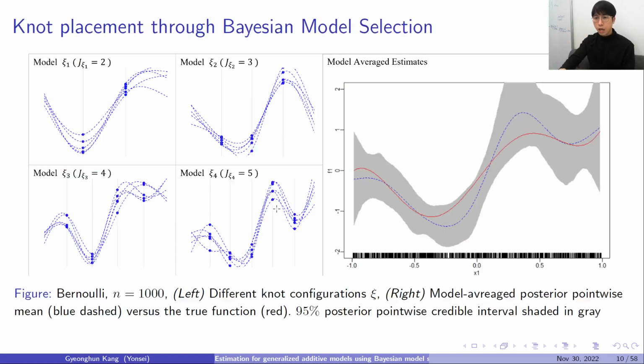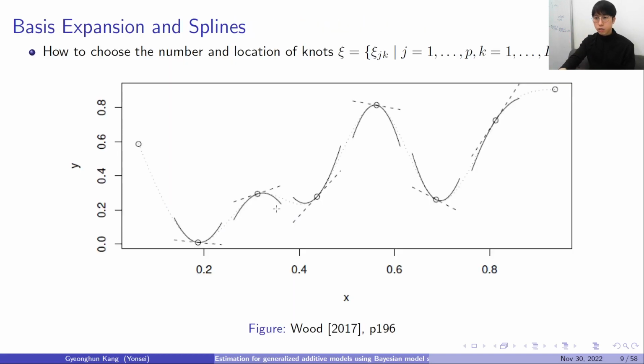So, how do we choose the number and locations of knots? Each combination of number and location of knots can be thought of as a model. And we're going to use Bayesian model selection to determine the knot configuration, right?